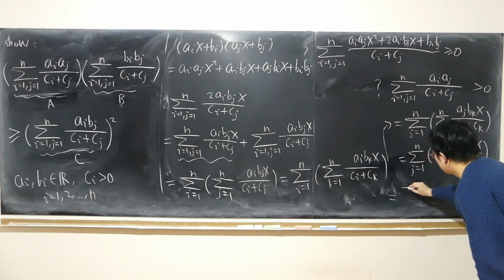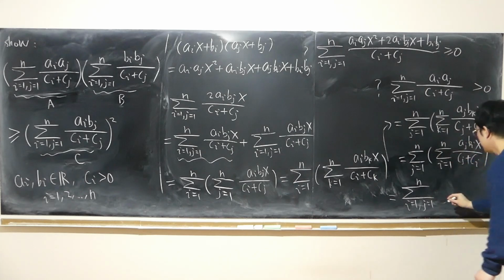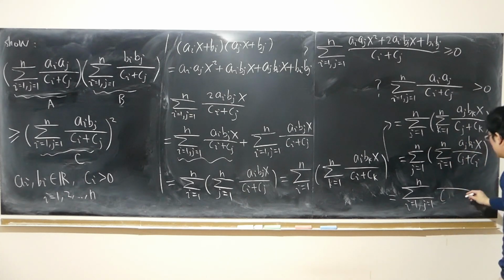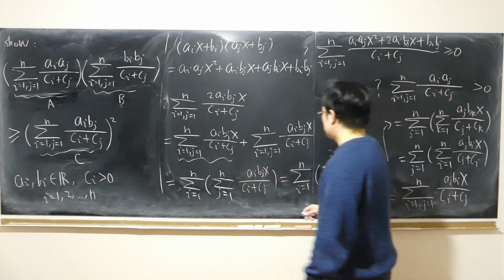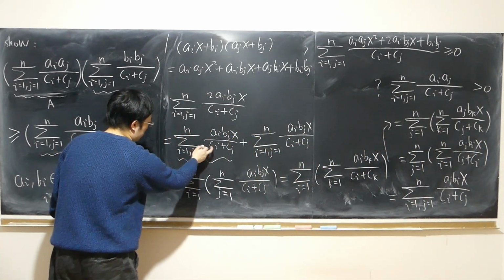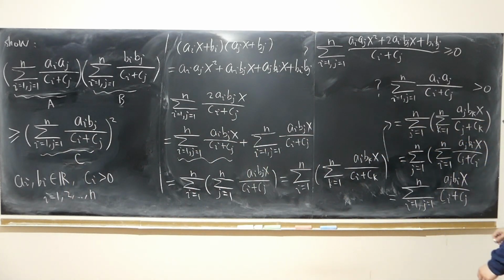But this is still a double sum, no problem. No matter which order you do it, same thing. Alright, copy down: 1 over cj plus ci, same thing, ci plus cj, exactly the same, aj bi x. Right?